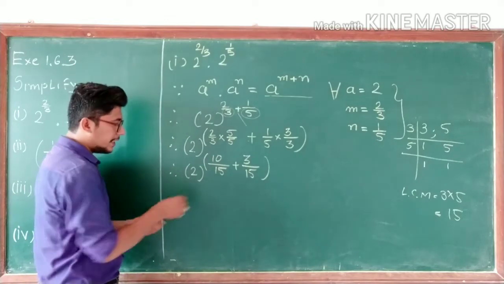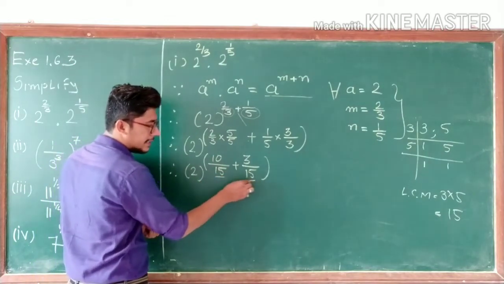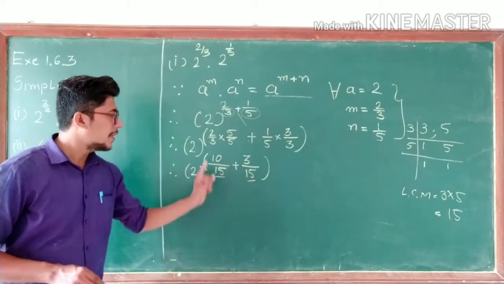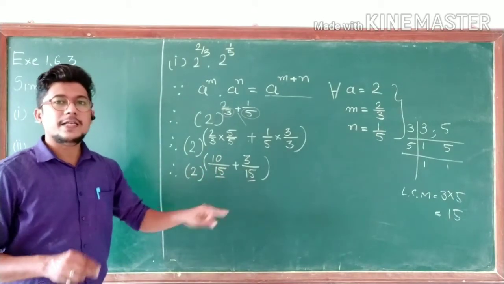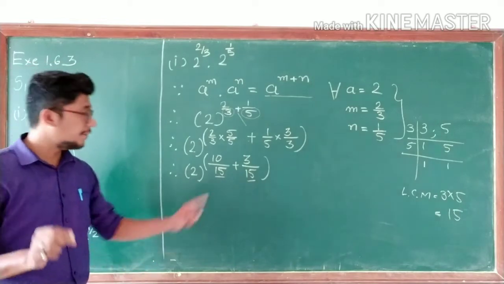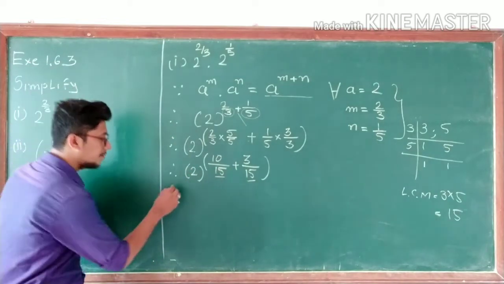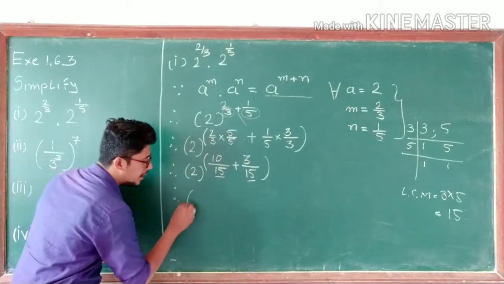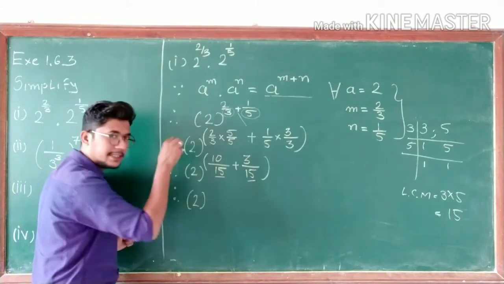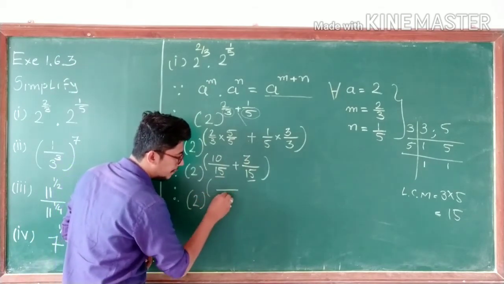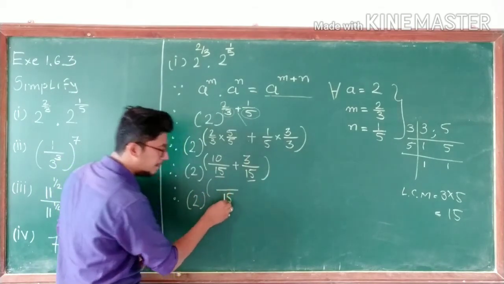Now as you can see, base are same now. Since base is same, we can add up in the numerator, or if subtraction sign is there, we can subtract in the numerator. So in the same way, 2 has to be written as it is. 15 is common, so write 15 common, because base is same.